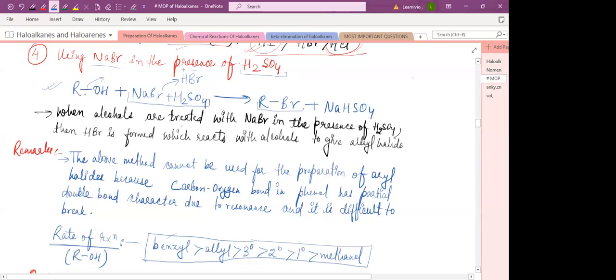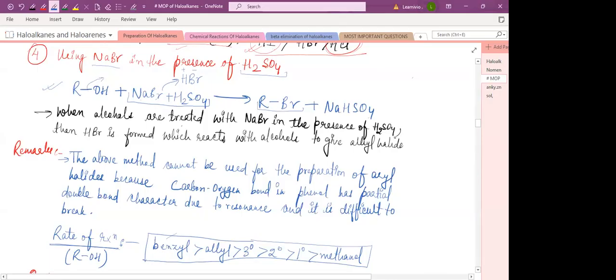Again, I'm repeating. We just learned that in the formation of haloalkane, the alcohol group is replaced by a halogen group to form the corresponding alkyl halide.